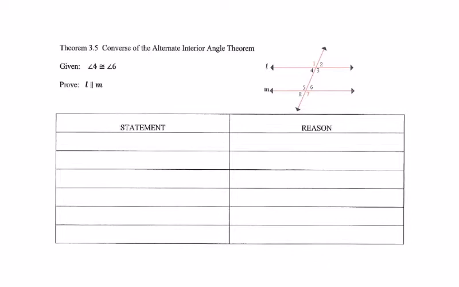All right, so if we're given that angle 4 is congruent to angle 6, that's our given. So we can start with that. Angle 4 is congruent to angle 6. Next, we can go a couple different ways.